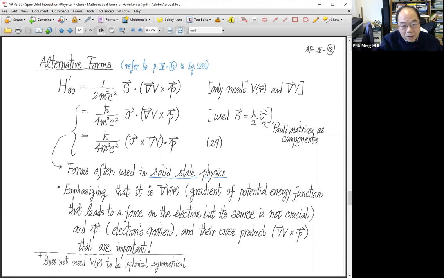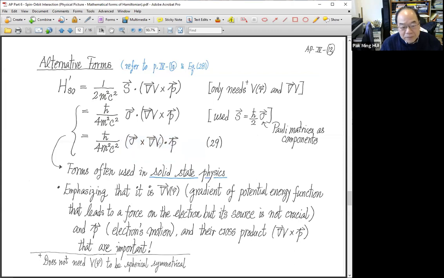Very often, we don't want to write it in the spin angular momentum S and introduce the Pauli vector, Pauli matrices. Remember, S is sigma over 2, so 1/4 appears, and then you have this sigma dot grad V cross P. And remember, for 3 vectors, A dot B cross C, you have a lot of equivalent forms. Another common form is sigma cross grad V dot P.